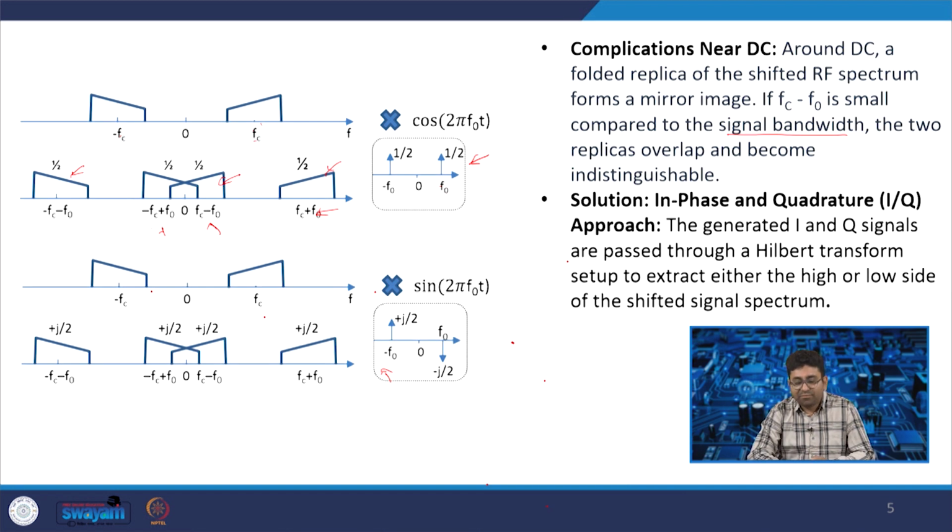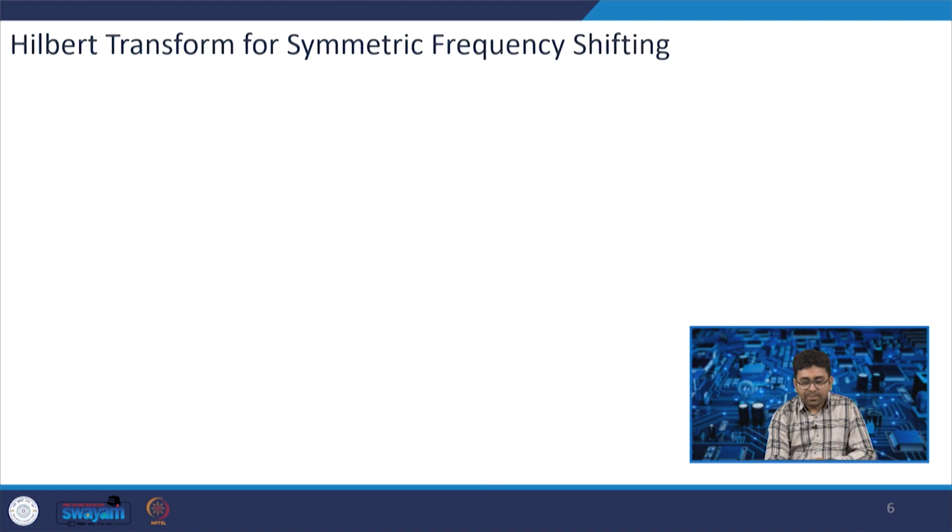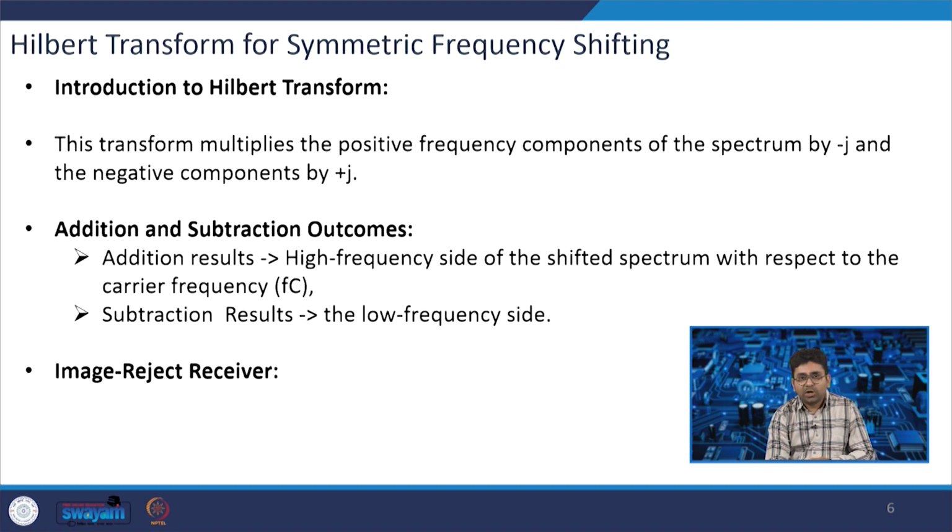When we multiply with sine 2 pi f naught t, we have already seen that you can decompose it into plus j by 2 at minus f naught and minus j by 2 at f naught. And now, as we have discussed, I plus j Q, if you do the Hilbert transform for symmetric frequency shifting, you can get either the upper sideband or the lower sideband.